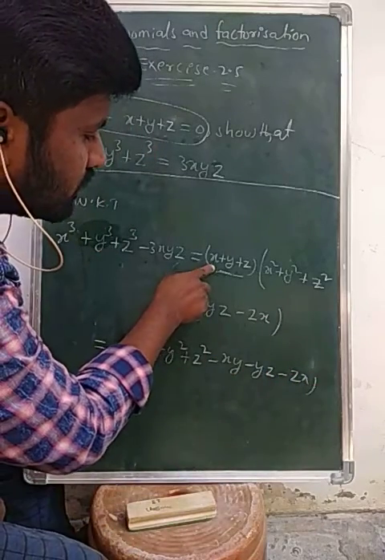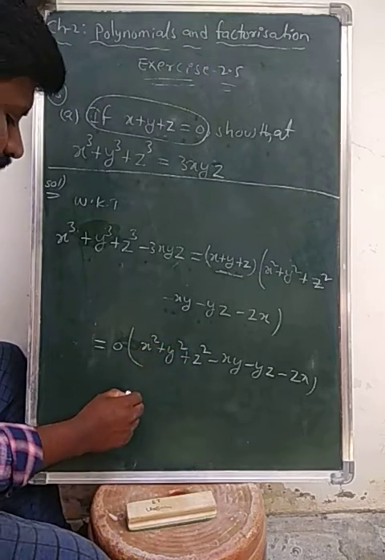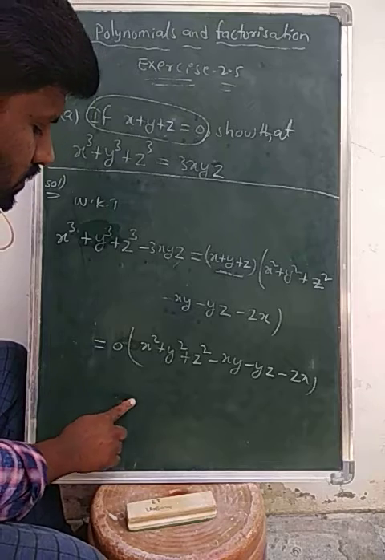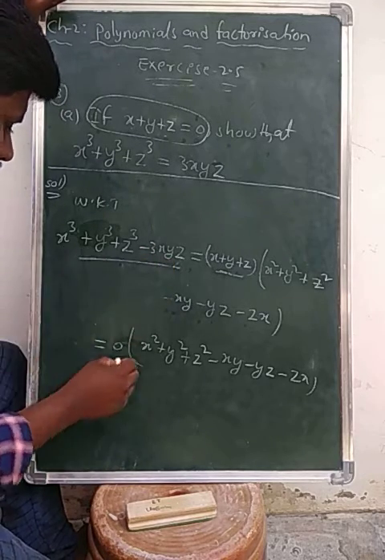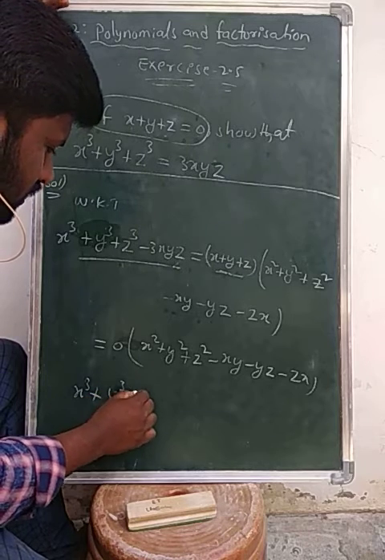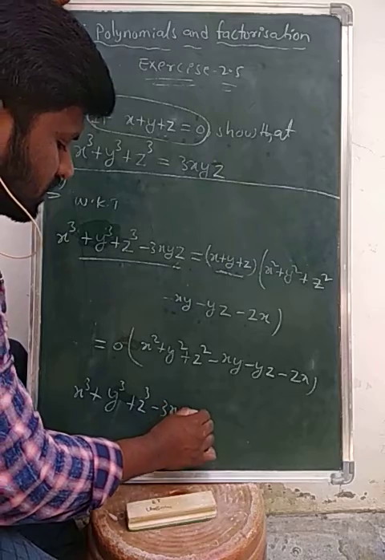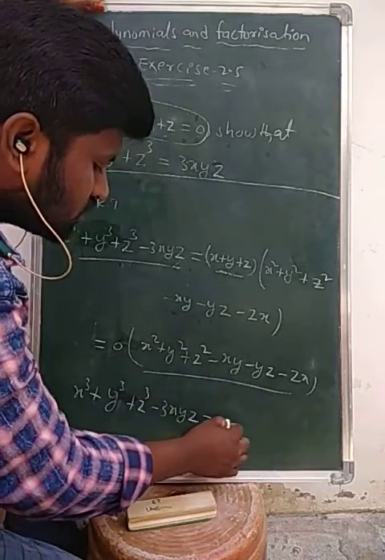In the place of x plus y plus z, what I wrote is 0. We know that 0 into something is always 0 only. So x cube plus y cube plus z cube minus 3xyz is equal to 0.